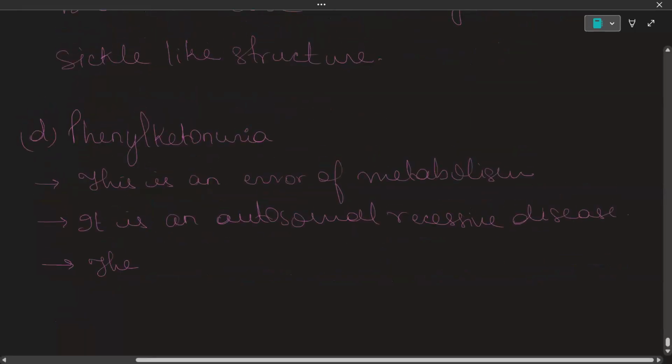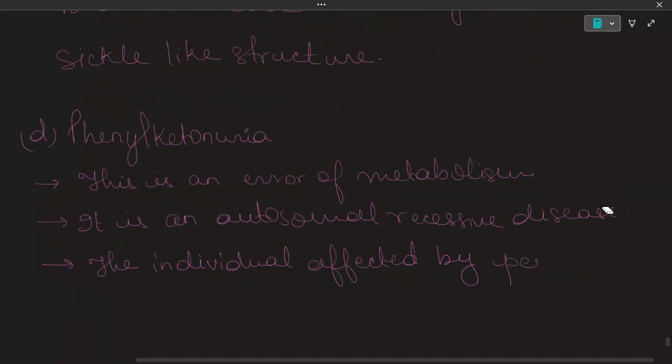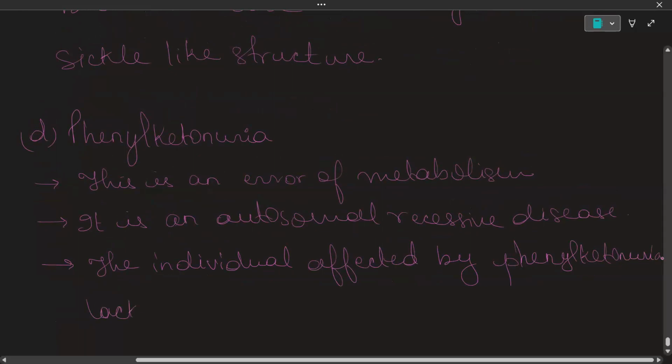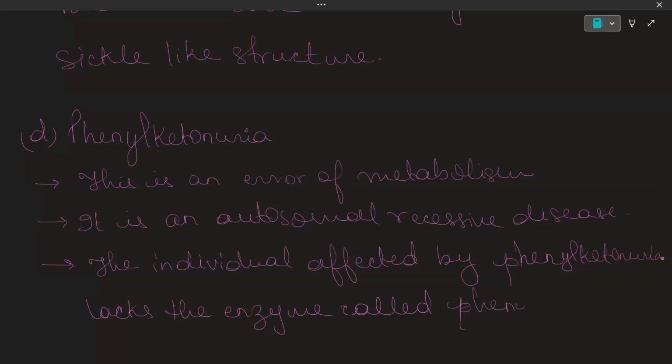The individual affected by phenylketonuria lacks the enzyme known as phenylalanine hydroxylase.